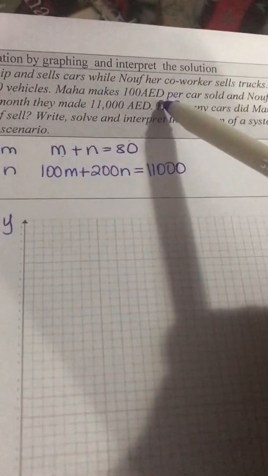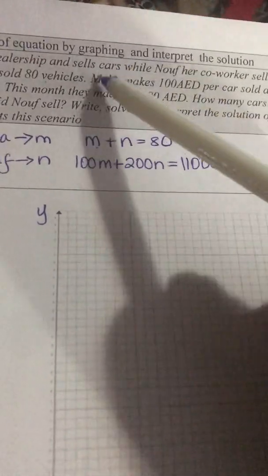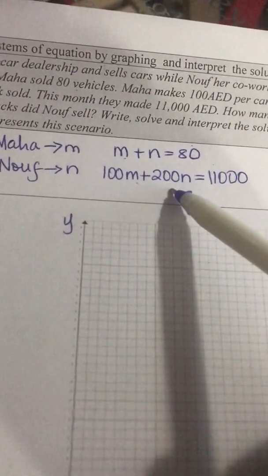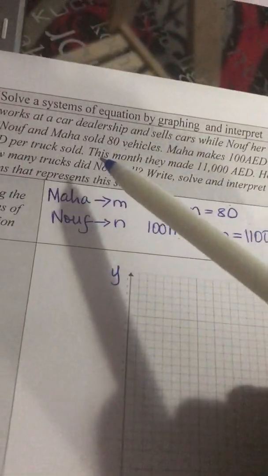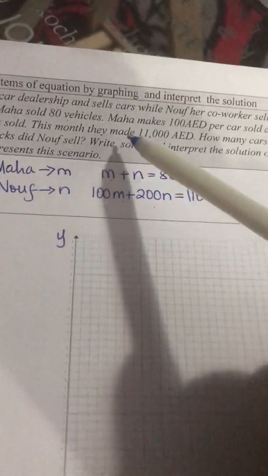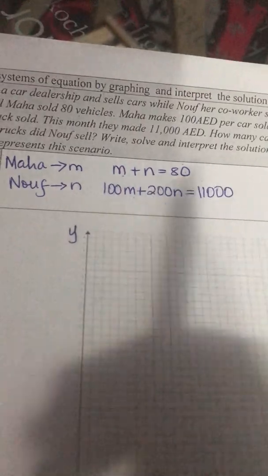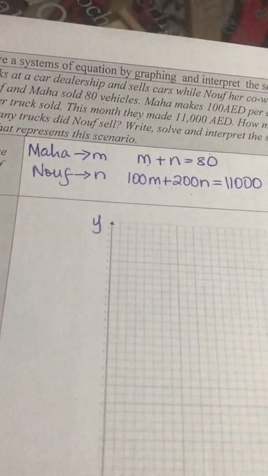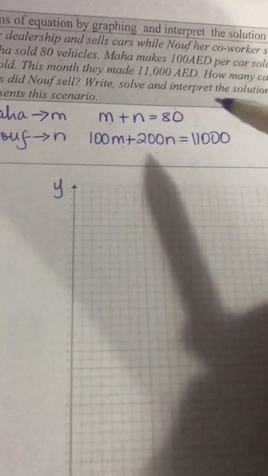Maha makes 100 per car, so 100 goes with Maha, 100 M. And Noof makes 200, so 200 goes with Noof, 200 N per truck. This month they made, that means whatever Maha made and whatever Noof made together. So that's how I knew I needed to add.